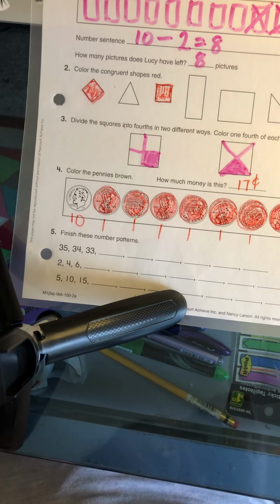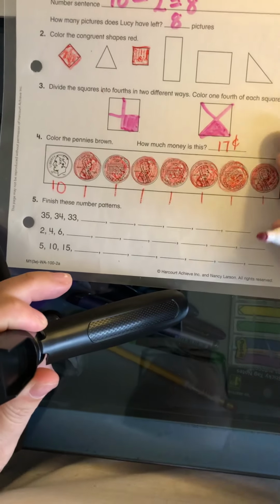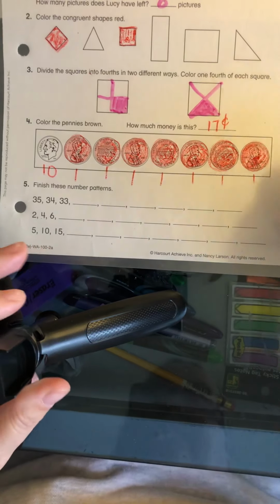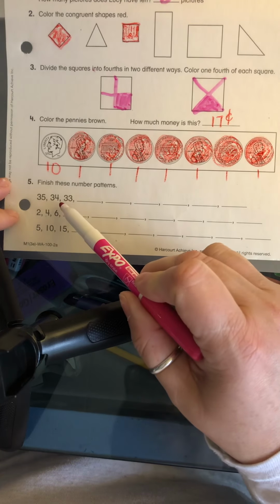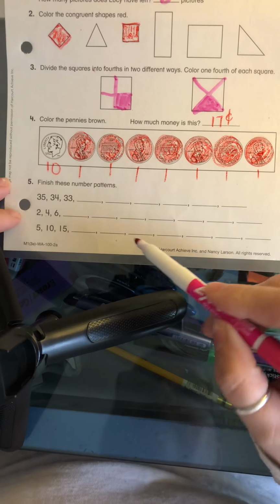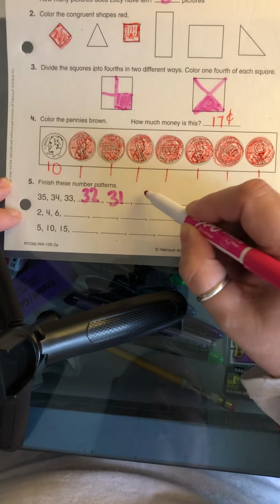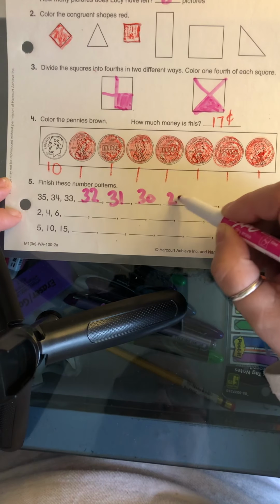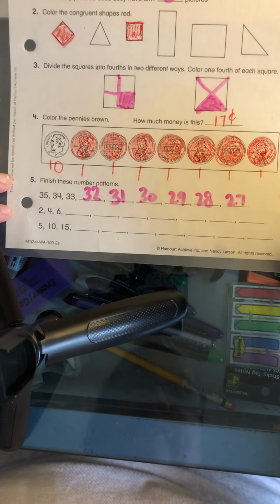Now, let's finish our number patterns. Let's see if we've got this. There we go. 35, 34, 33, 32, 31, 30, 29, 28, 27.